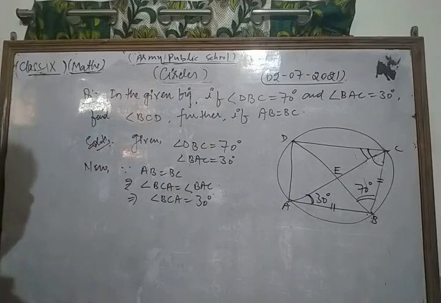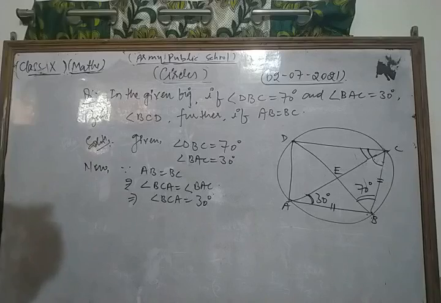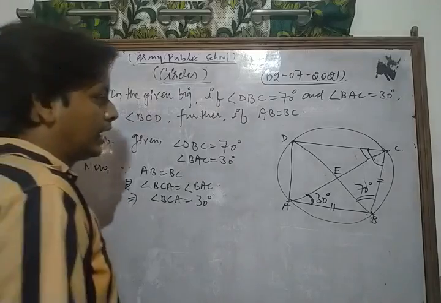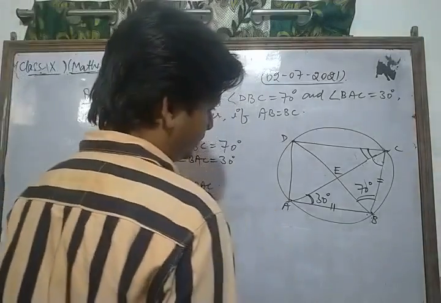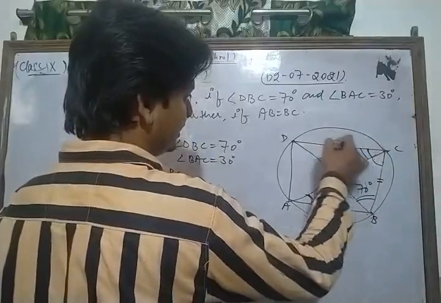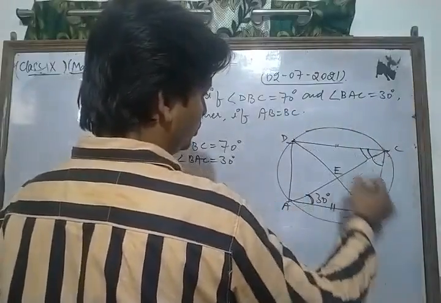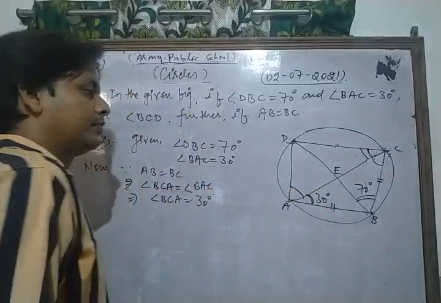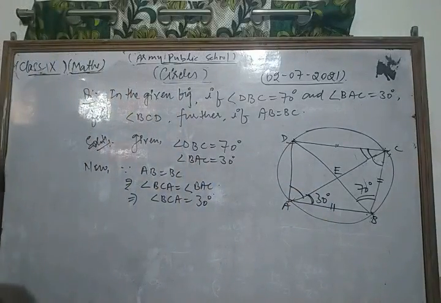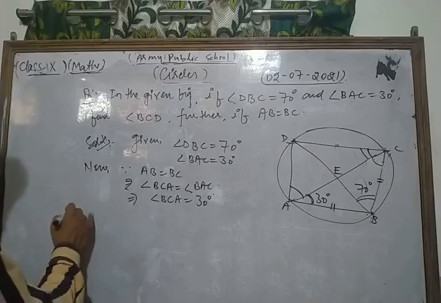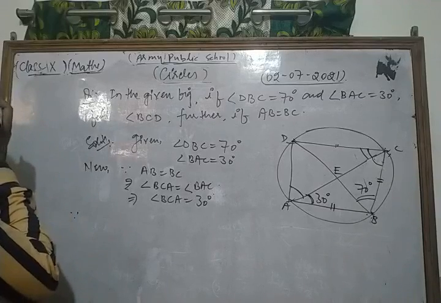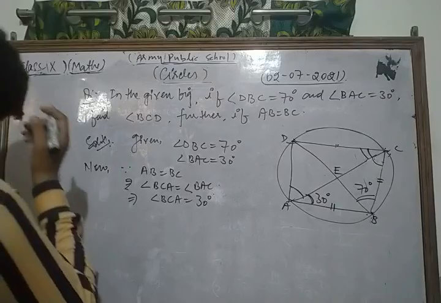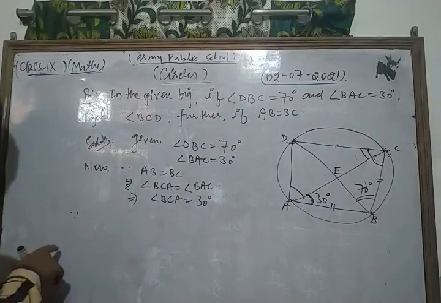Now look what I do for that. Dear students, we also know that angles in the same segment are equal. So look, this is the segment. If we take CD, then this angle and this angle are equal to each other, angle CAD.